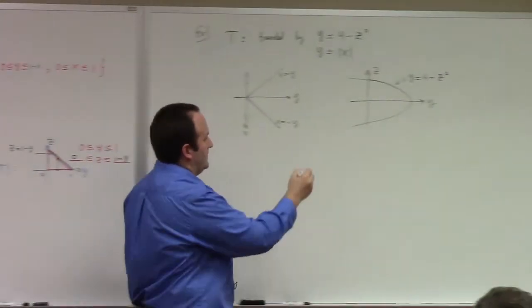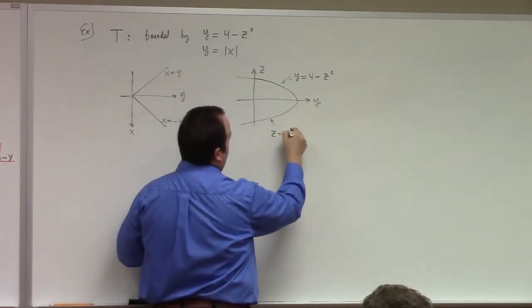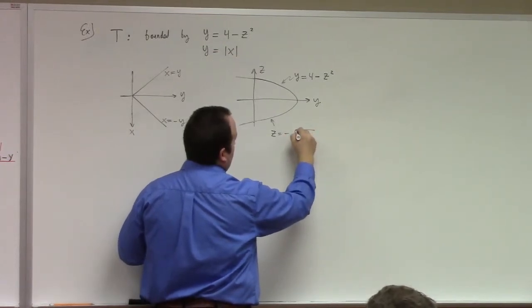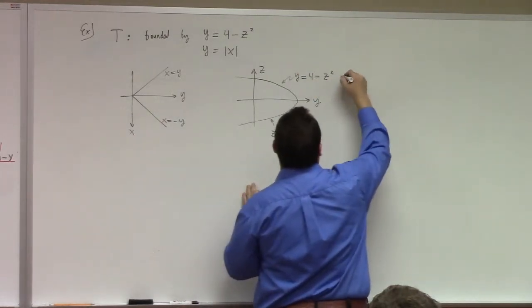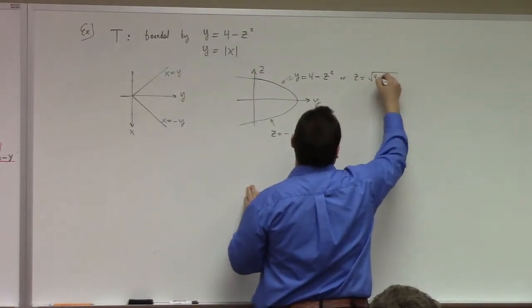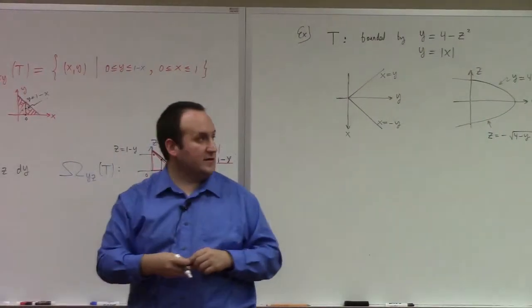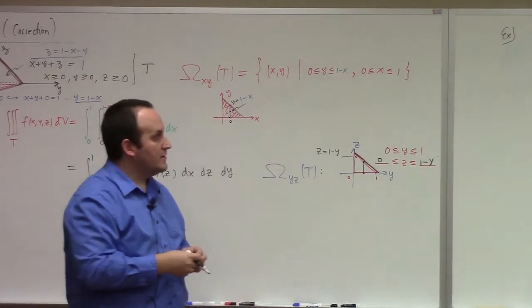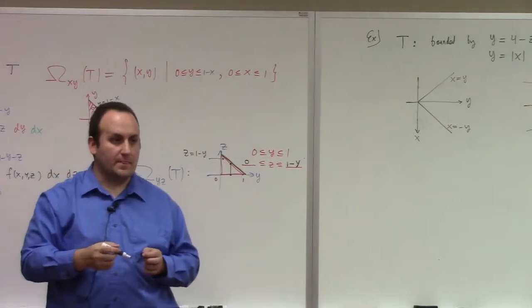Or if you like, this bottom curve is z is equal to the minus square root of 4 minus y. And the top curve, you can express as 4 minus z squared equals y, but the top is a positive square root for z, and the bottom is the minus square root of the 4 minus y function, right?